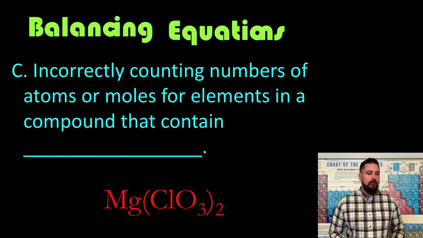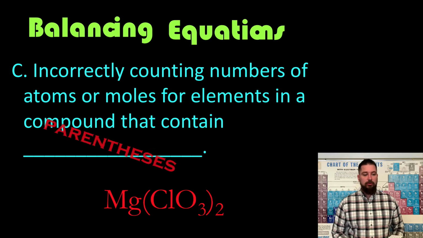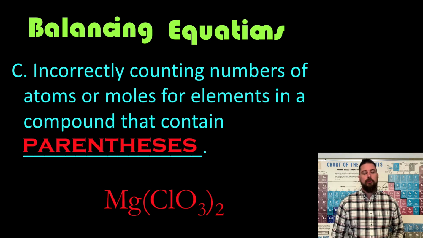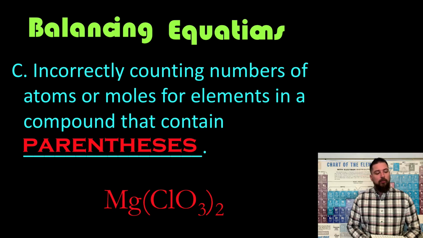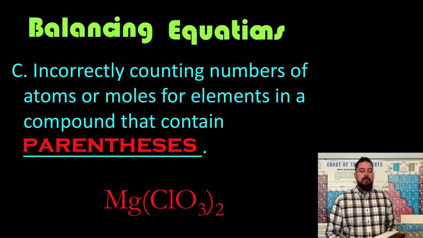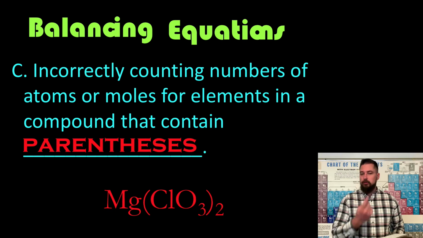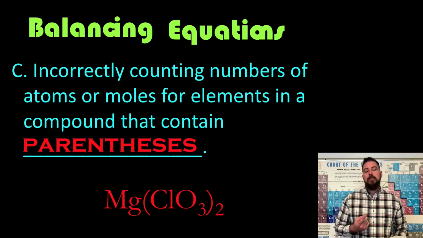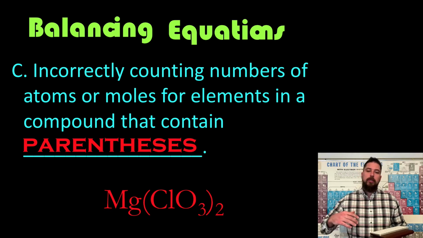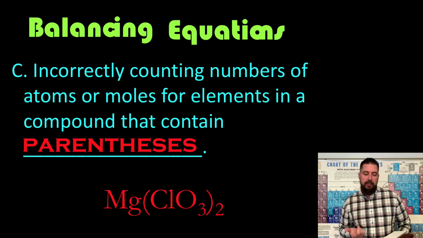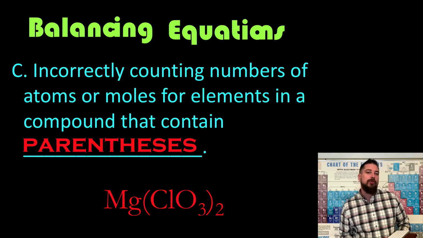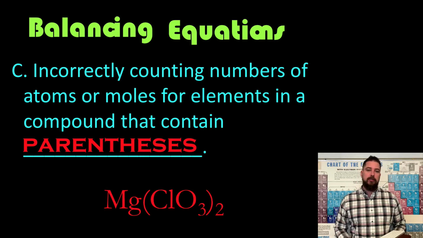All right, also incorrectly counting the number of atoms or moles of the element in compounds that contain parentheses. Let's go ahead and practice this. How many magnesiums are there? There's 1 magnesium. How many chlorines are there? Well, the chlorine is within the parentheses. That 2 on the outside of the parentheses multiplies everything within the parentheses.